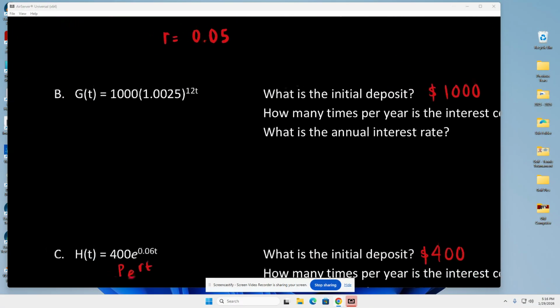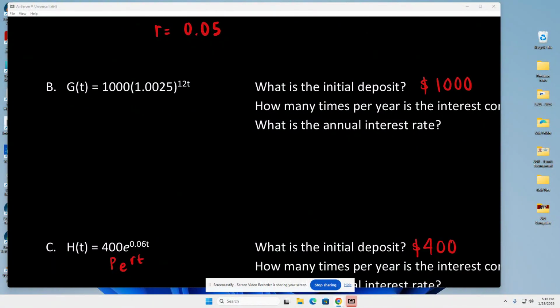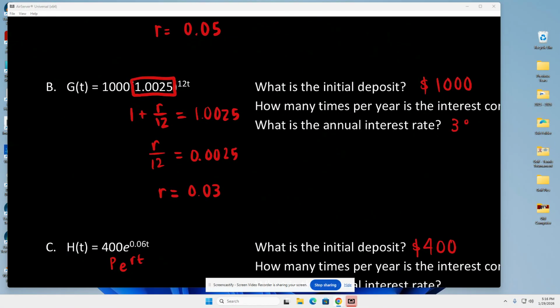Now, the last ones we have are very similar. Again, how did we derive this value? Well, wasn't it 1 plus r over 12? Yeah, see? Whatever this n value is here, it's the same here. So we do the same thing. Subtract 1. So r divided by 12 equals 0.0025. Then we multiply by 12 this time. So 0.0025 times 12 is 0.03. 3%.